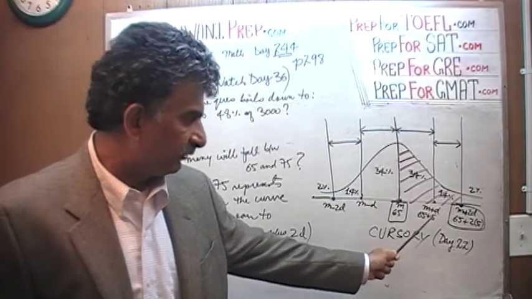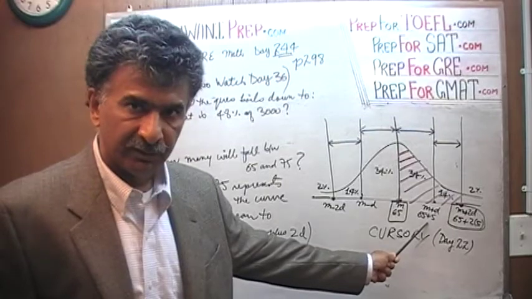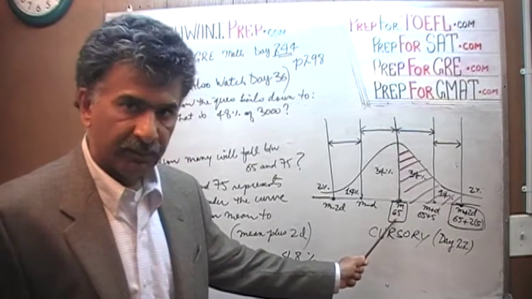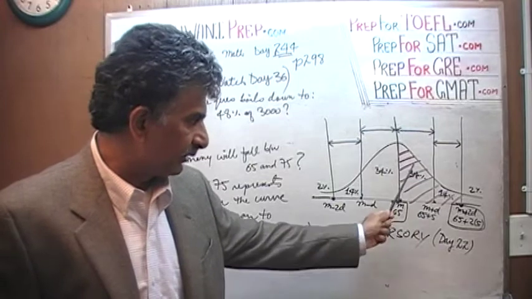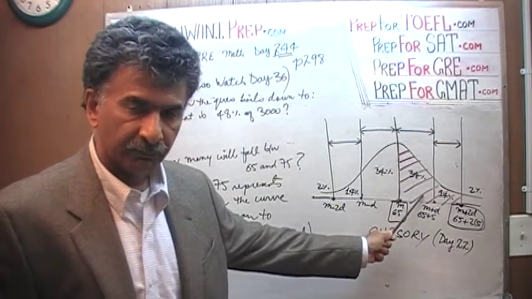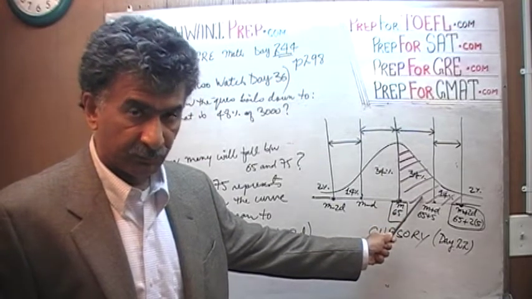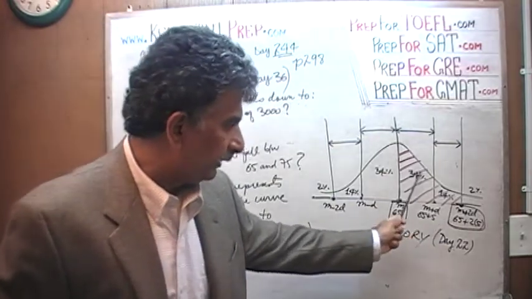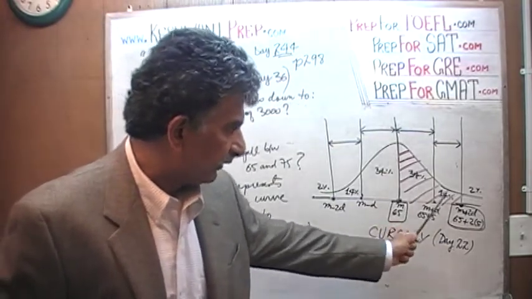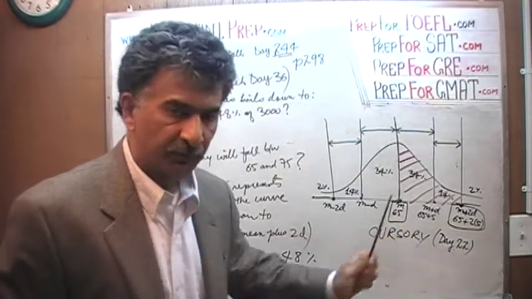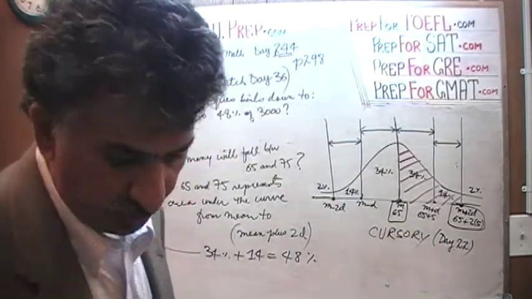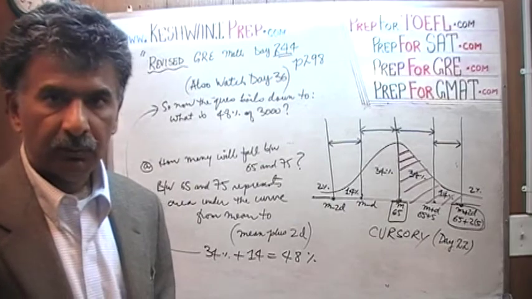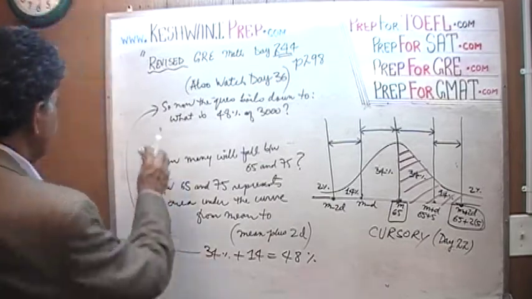How do we know that? Because 5 is the standard deviation, 65 is the mean. So mean plus 1 standard deviation captures 34% of all the observations if it is normally distributed, which in this case it is. Mean plus 2 standard deviations will take us all the way up to 34 plus 14. That's 48% of the observations. We just have to figure out 48% of 3000. Let's do it here.